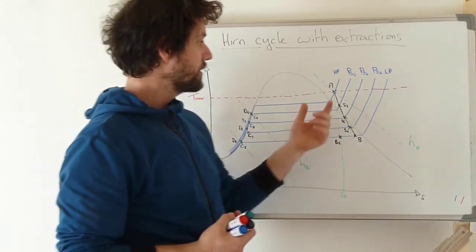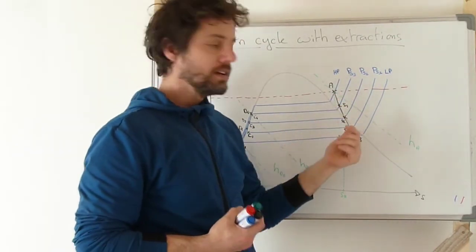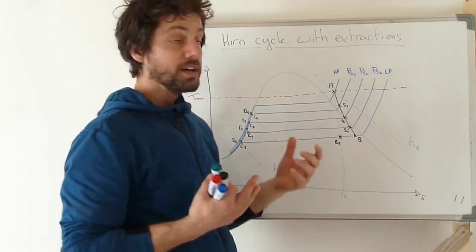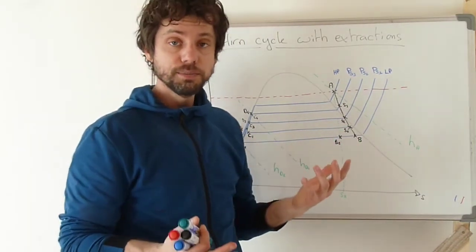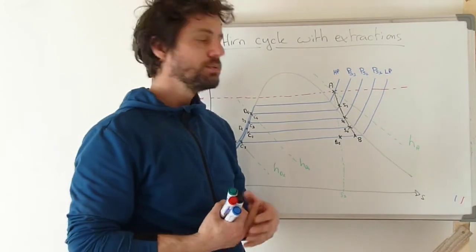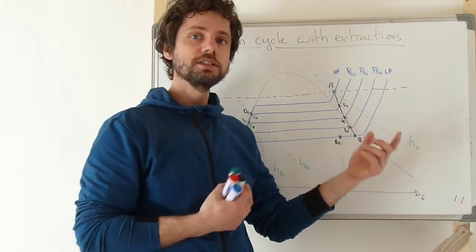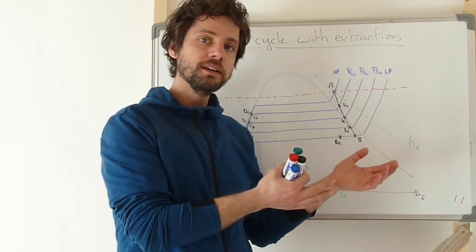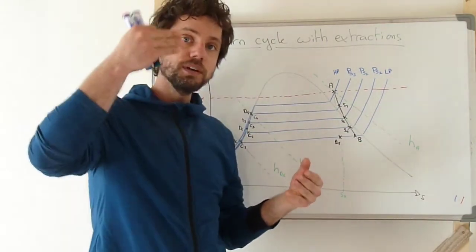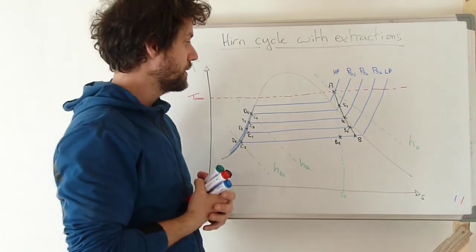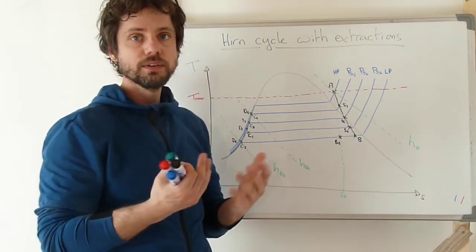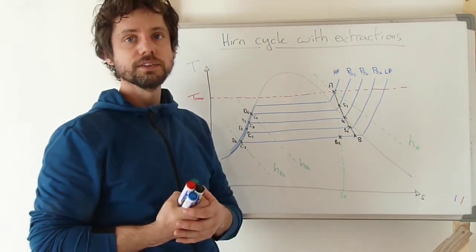So the fact that we have extraction means that part of the fluid will not be fully expanded, and so it will also decrease a little bit this technical work exchange inside the turbine, and so decrease also what we have in the upper part of the ratio that makes the efficiency of the cycle.